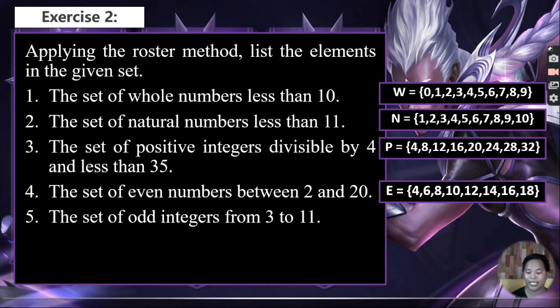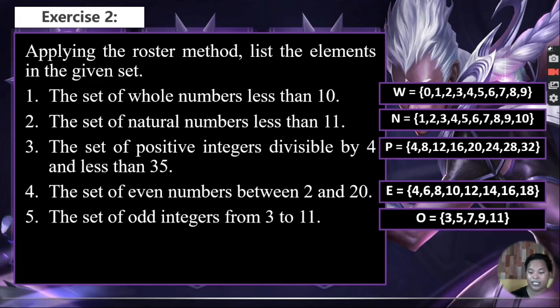Very good. And the last, the set of odd integers from 3 to 11. So, ibig sabihin, kasama pa ba yung 3? Yes. So, we have 3, 5, 7, 9, and 11. So, yun po yung ating way on how we describe set using the roster method.